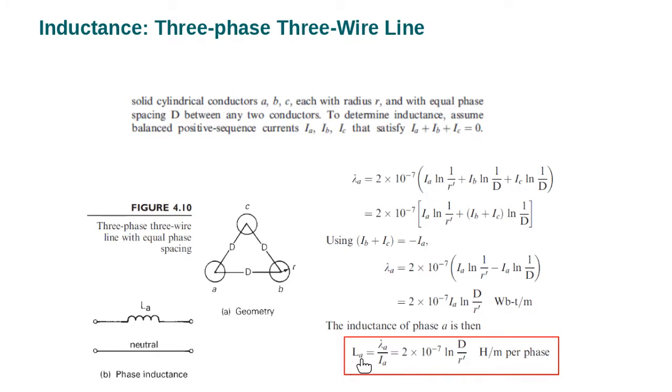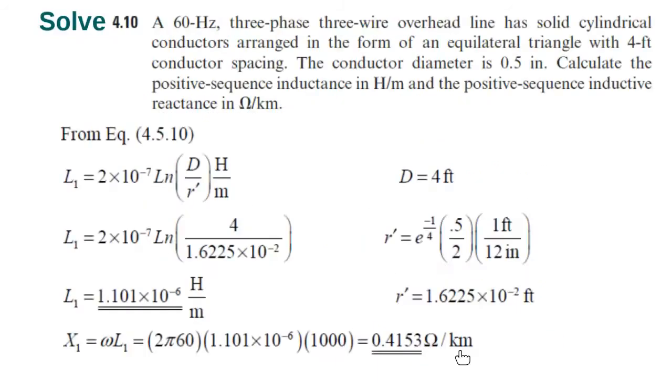So the inductance of conductor A is the same as conductor B, the same as conductor C. So we don't need to include them, and we represent it as per phase. And this is just a solution that you will follow. You will just plug in the numbers here: 60 hertz, three phase, three wire overhead line, solid cylindrical conductor.